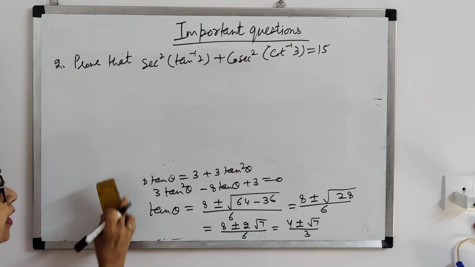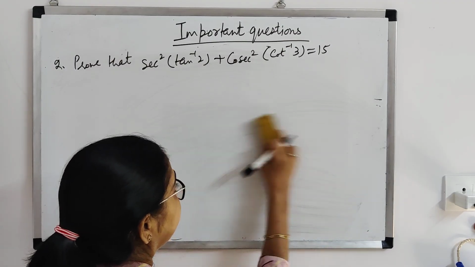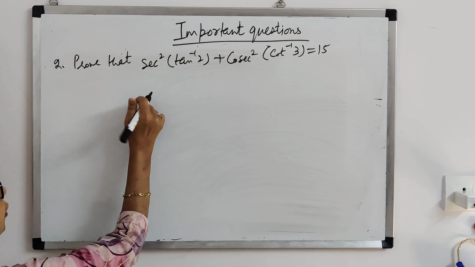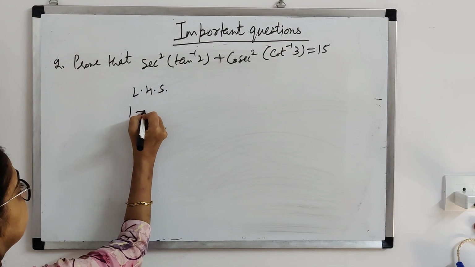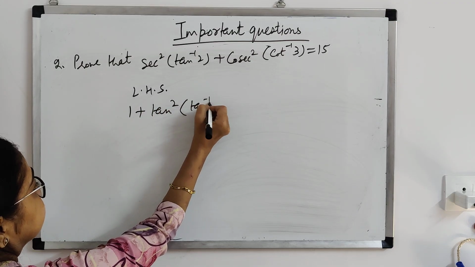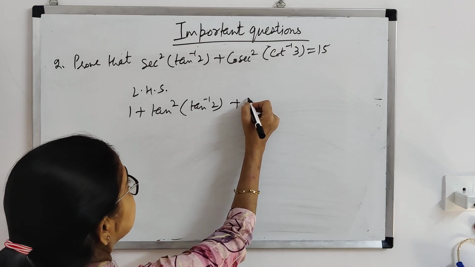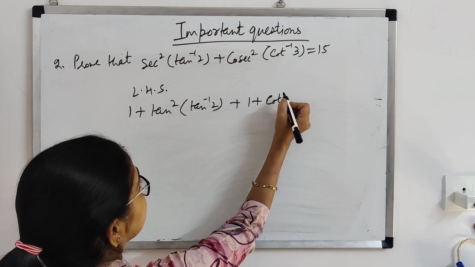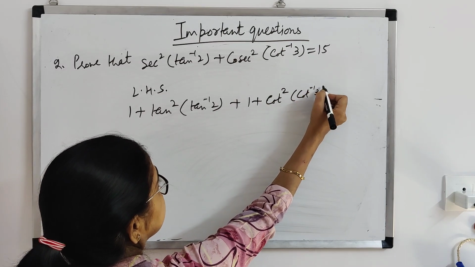We know the formula, 1 plus tan square theta is sec square theta and 1 plus cot square theta is cosec square theta. So when you apply this, taking the left hand side, this will become 1 plus tan square tan inverse 2, and this will become 1 plus cot square cot inverse 3.